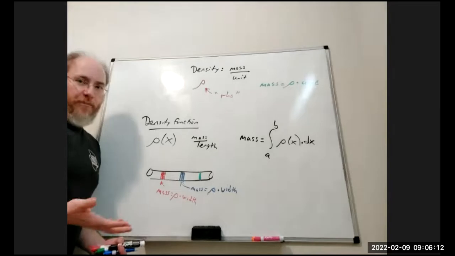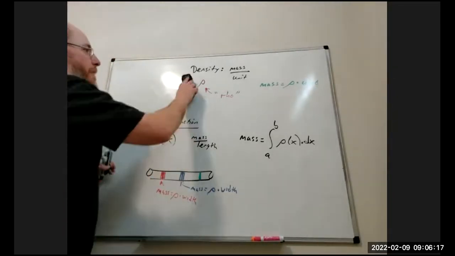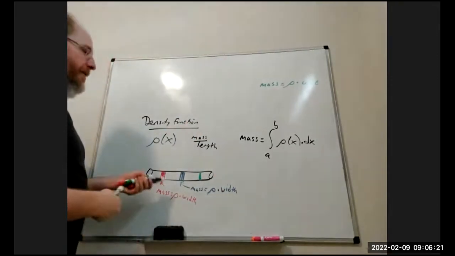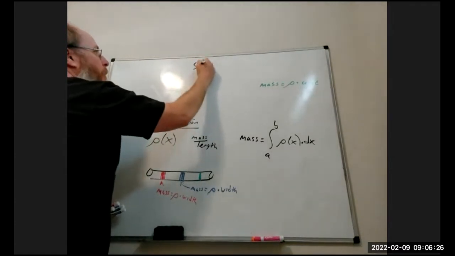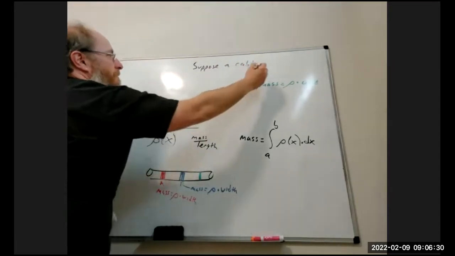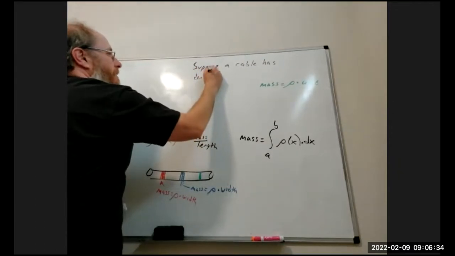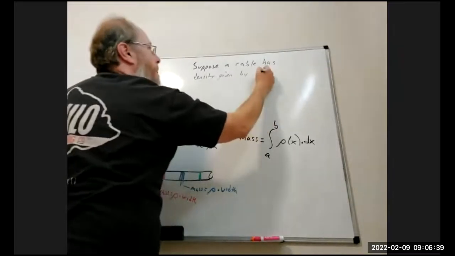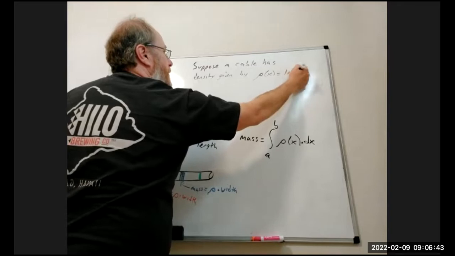So let me show you an example, just so you can see it's not really that big of a deal, and what it'll look like when you have one of these homework problems. You'll see something that looks like this. You'll say something like, suppose I'm going to call it a cable, has density given by rho equals 1 plus x.